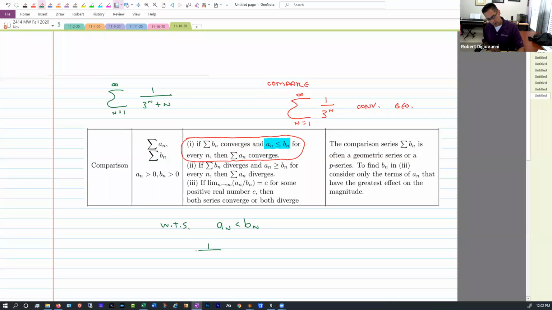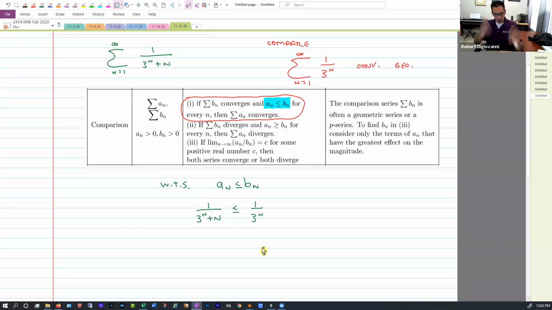And A sub n here is the sequence of the first series, and B sub n is the sequence of the second series. If you do a similar cross-multiply, now you can get rid of the 3 to the n's by subtracting it on both sides.